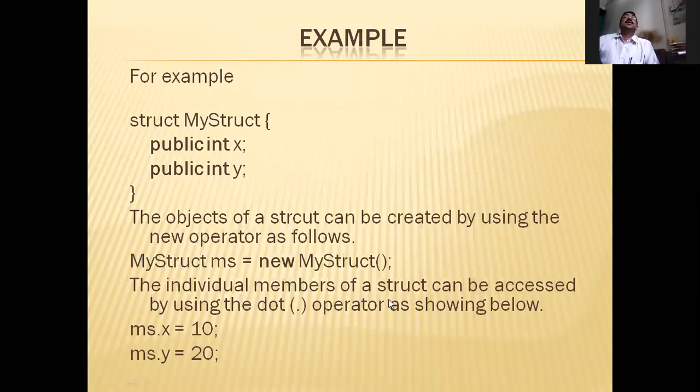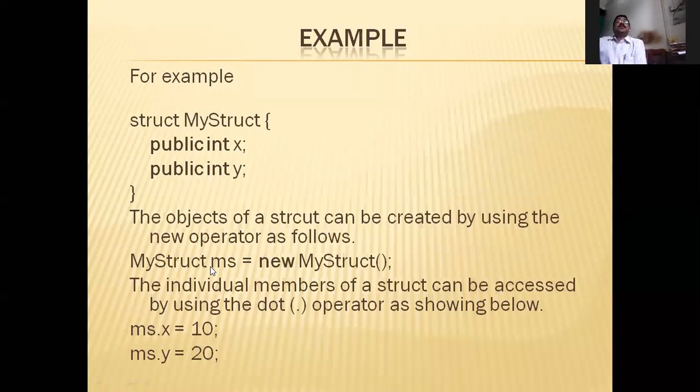The individual members of a structure can be accessed by using the dot operator, as shown below. For example, how can we access the individual members using the dot operator? Here you can see ms.x equals, and ms.y equals.